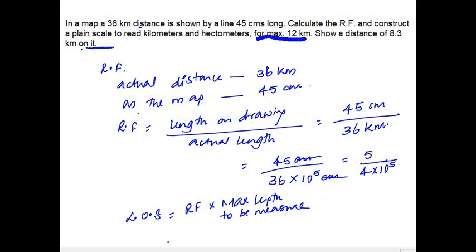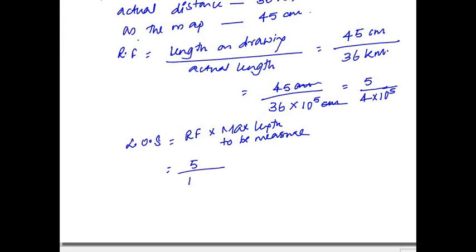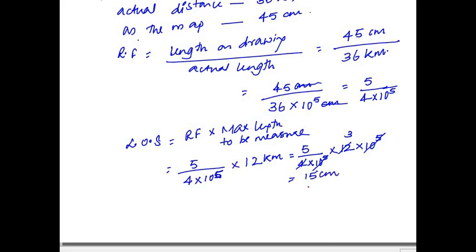So you can write 5 by 4 into 10 power 5 into 12 kilometers. We have to convert everything into centimeters, millimeters or inches, so 12 kilometers becomes 12 into 10 power 5 centimeters. The 10 power 5 cancels, and 4 threes are 12, 5 threes are 15 centimeters. So this is the length that you are going to draw.